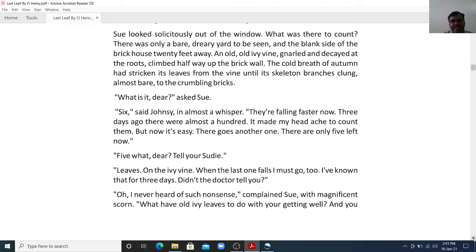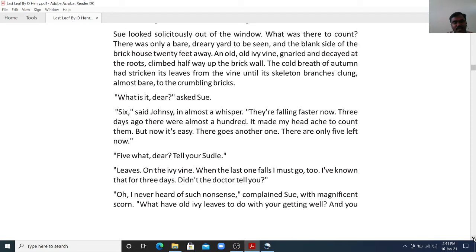So all these leaves have fallen. It is just a skeleton of branches that could be seen, and the blank side of the brick house. These bricks are crumbled. The brick house is almost going to fall.